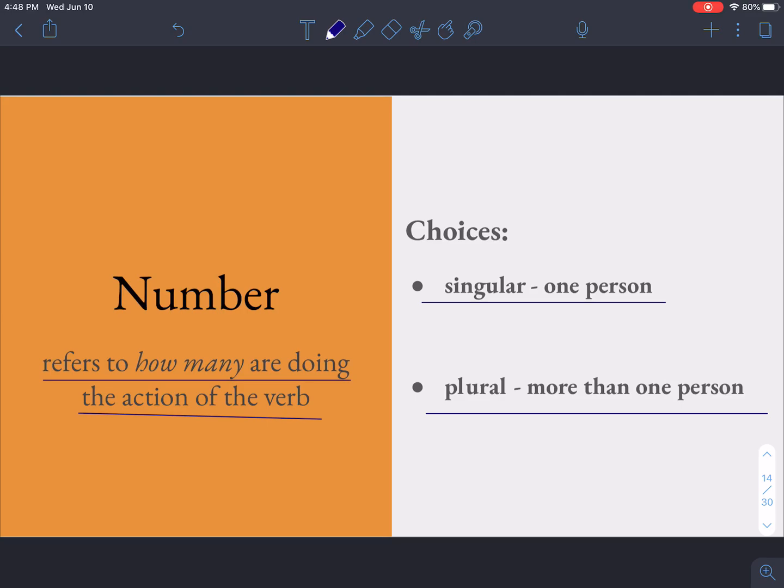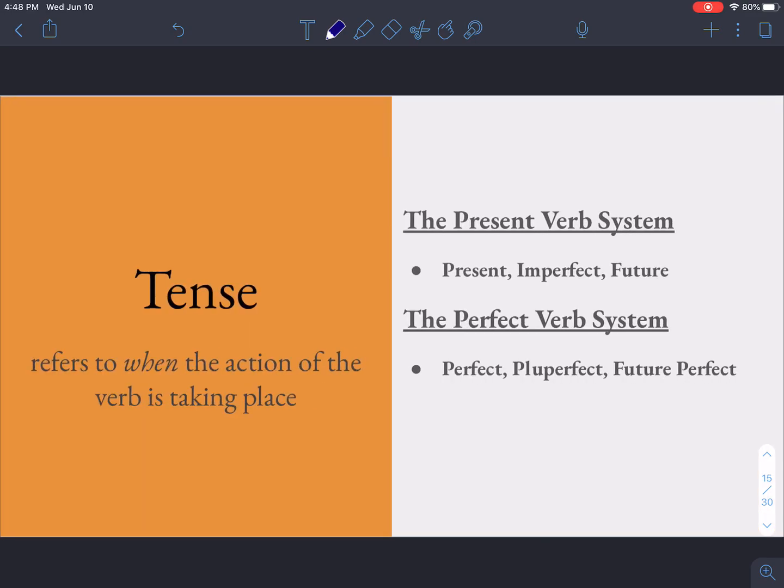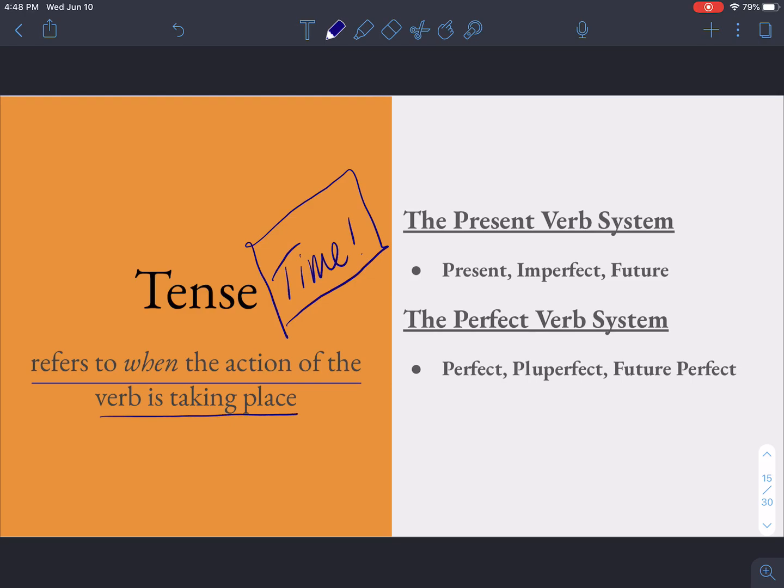Now, tense. Tense is time. Tense is time. Remember that. Tense simply refers to when the action of the verb is taking place. Now, in Latin, please recall that there are 2 verb systems.